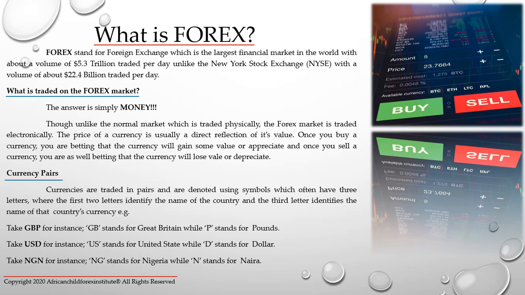The first two letters denote the country, while the third denotes the name of the currency for that country. GB stands for Great Britain, while the P stands for pounds. In Great Britain they spend pounds as their currency, so the name of the currency is pounds, while the name of the country is Great Britain.